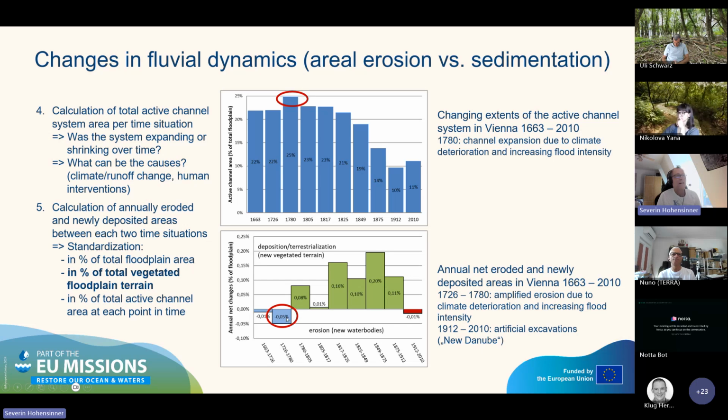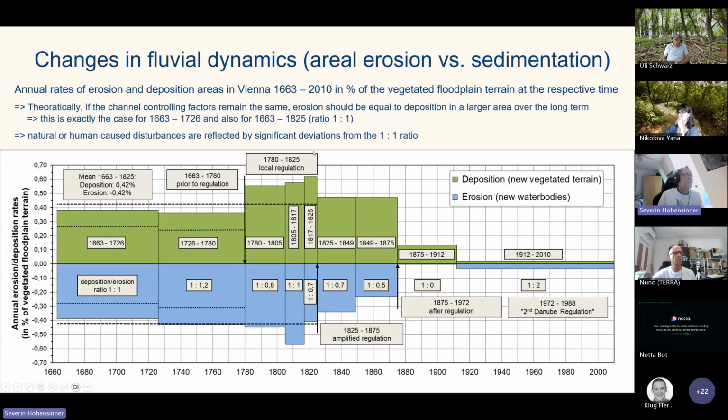The channel system widened, more erosion, as we can see here in the overall picture. Yeah, and just to make it more detailed, to analyze it, we see the annual rates of erosion and deposition areas in percent of the vegetated floodplain terrain at the respective time.